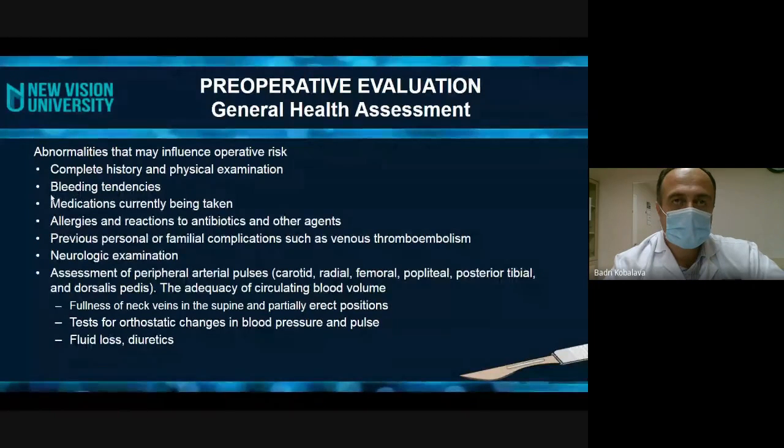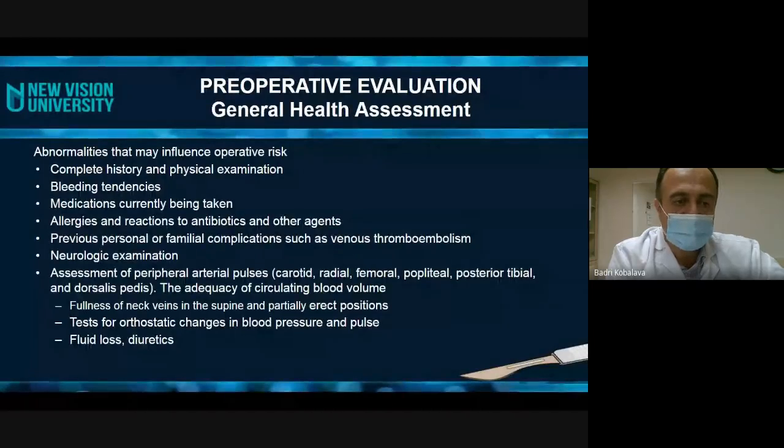It can indicate abnormalities of the coagulation system. You can ask if we routinely make the preoperative blood test for the coagulation cascade. It is the coagulation panel, or coagulogram.